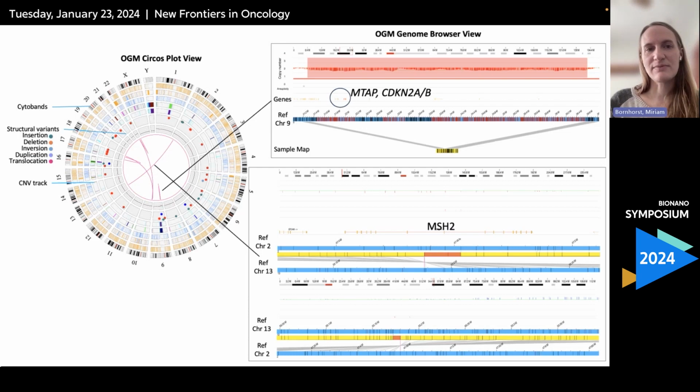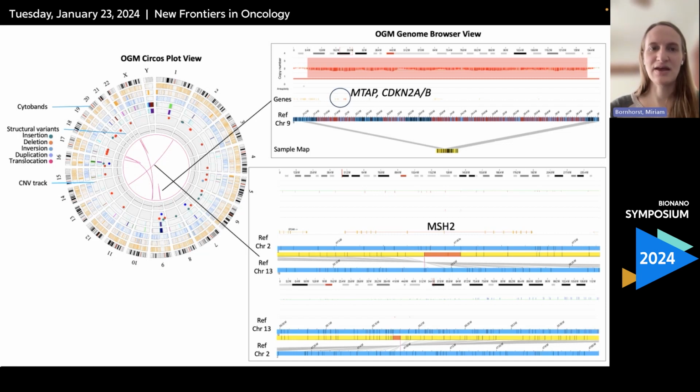This is also another example of a tumor that we looked at, really just focusing on mosaicism. It's a patient who had a neurofibroma that had transformed into an MPNST, but when we sent it off for clinical testing, it did not have any of the genomic signatures of an MPNST.